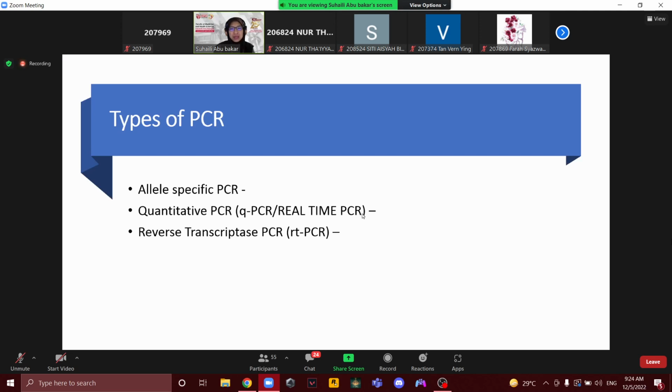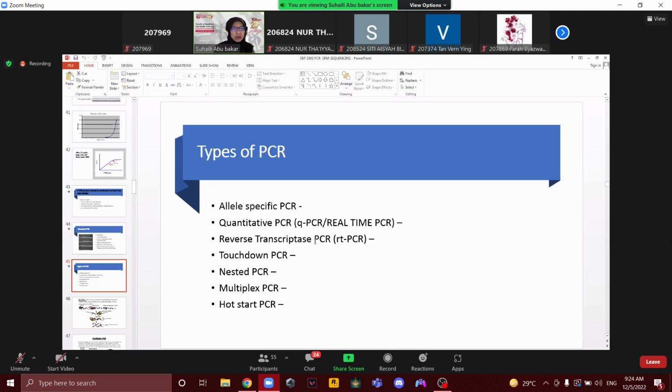Remember, real-time PCR. Sometimes they use a small letter, which is confused with reverse transcriptase. So be careful. When you read an article, go back to the abbreviations. Real-time PCR and reverse transcriptase PCR are different.